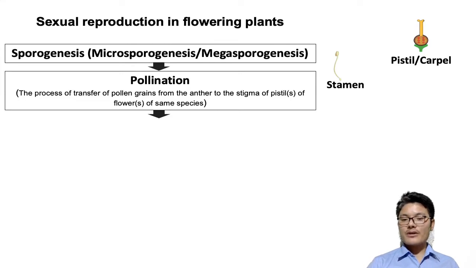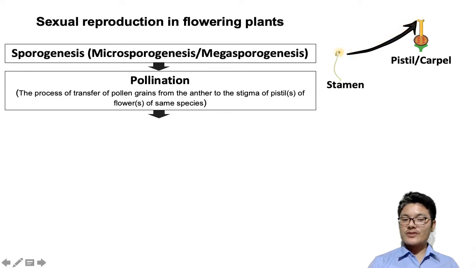Now, during pollination, pollen grain is released by the anther. As the pollen grain is released by the anther, it has to be transferred onto the stigma. So pollination is the process of transfer of pollen grain released by the anther onto the stigma.